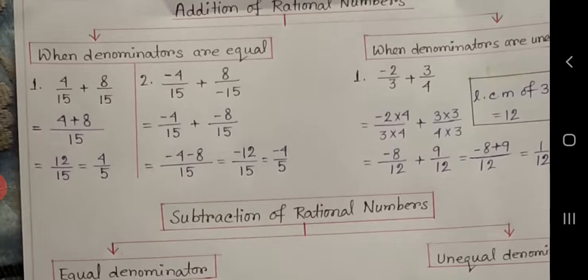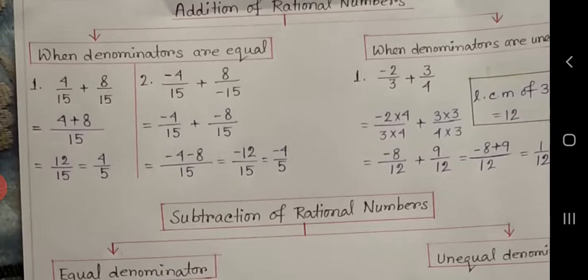In the two rational numbers, the denominators are equal and it is 15. So the LCM will also be 15 and easily we can add the rational number.